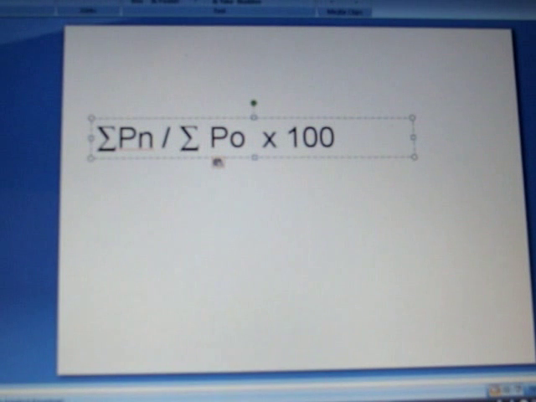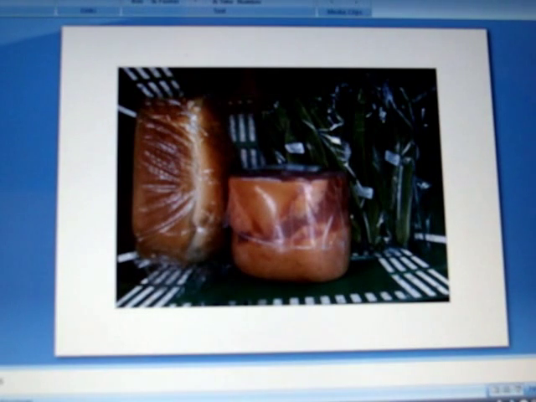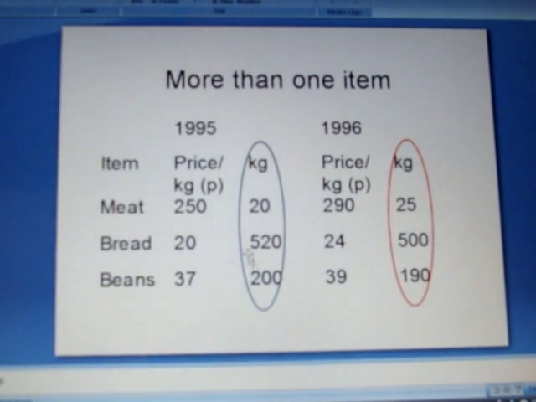This will give us a price index, but remember, this will be unweighted price index, because here we are not considering the different quantities that people are buying in 1995 and 1996.